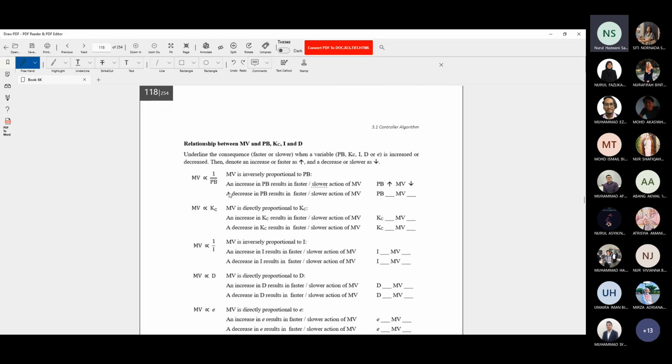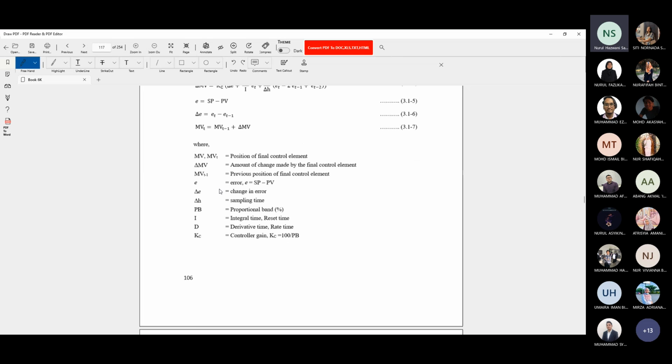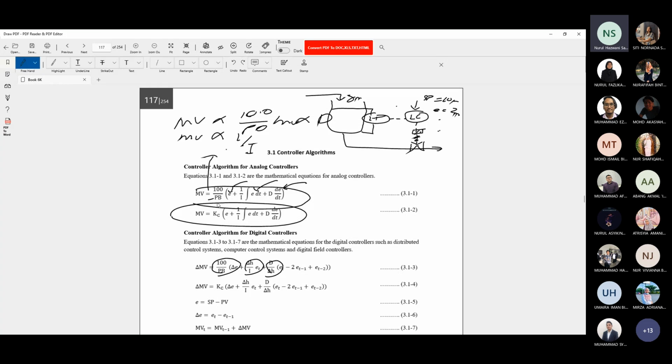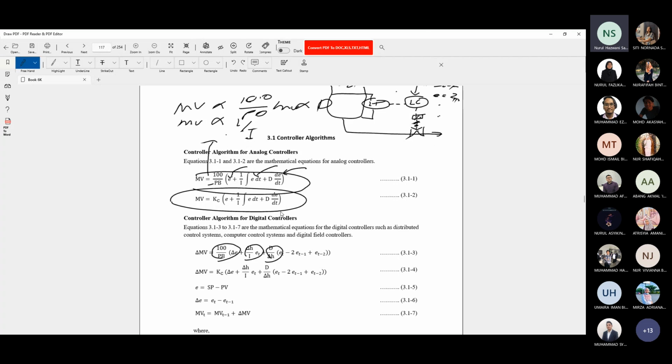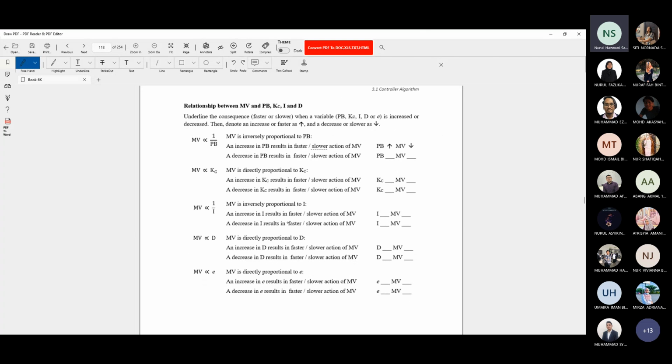You can see from here that MV is inversely proportional to PB, because you can see from the equation the arrangement: MV equals 1 over PB. PB is in the denominator, I is also in the denominator, only D is in the numerator. Can you understand this part? Now let's look at the relationship of PB and MV.